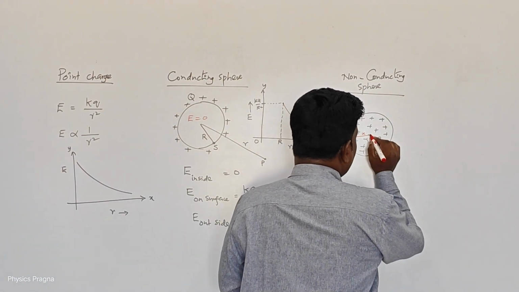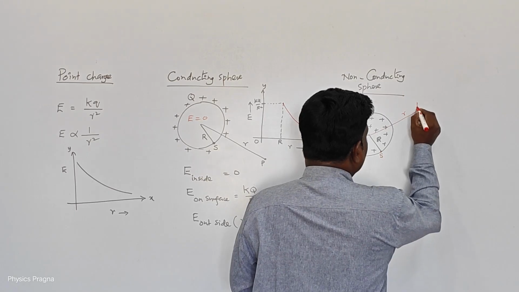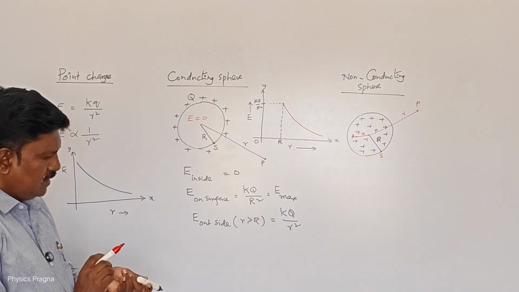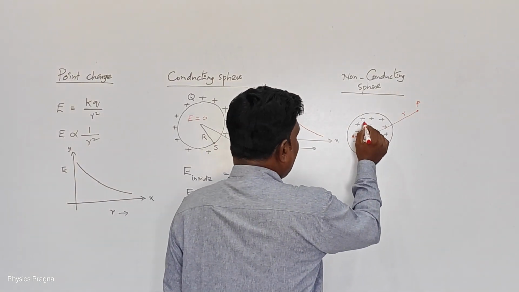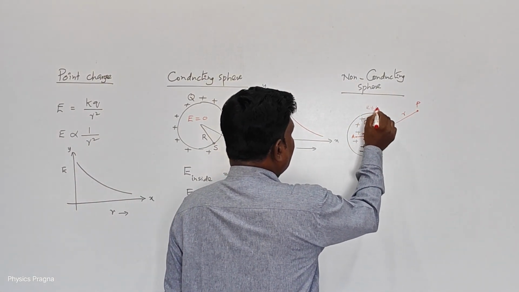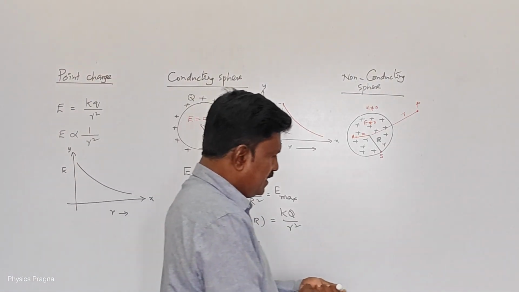Another point I have taken is at r distance. This is outside, P. So inside also the electric field is not equal to 0, and outside also the electric field is not equal to 0. Then what would be the values?